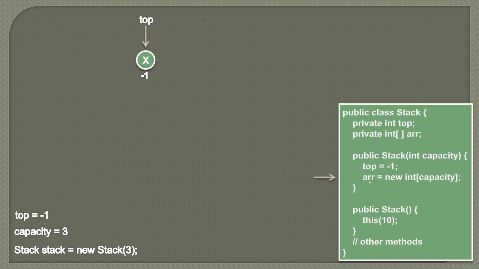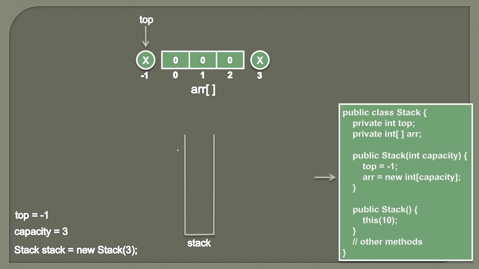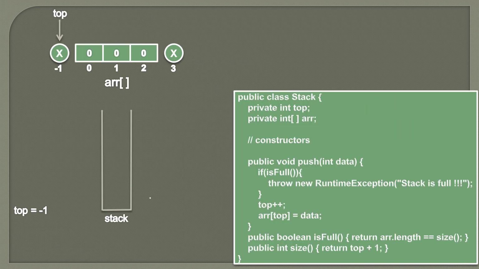And we will initialize the array with our capacity of 3. So it looks something like this, that it has capacity to hold 3 elements with index 0, 1 and 2. And if we visualize the stack, it looks something like this. So when we initialize stack, at the start the stack looks something like this.